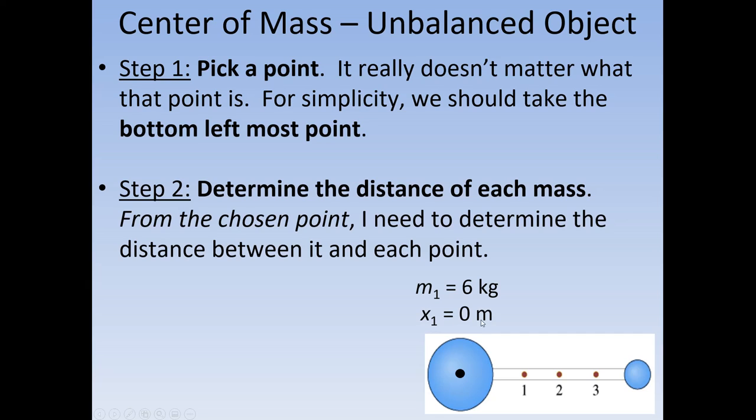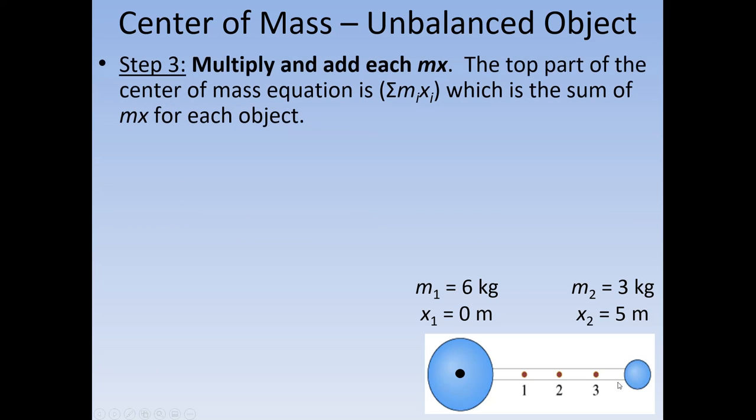So I'm going to say that it is a distance of 0 meters from my point. For this object over here, the 3 kilogram mass, this distance we already said was 5 meters. So that is going to be 5. Easy enough. Step three is we're basically going to look at that top section of the sum, multiply the masses and positions, and then add them up.